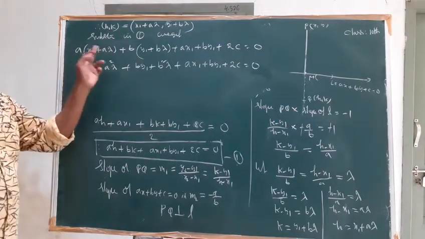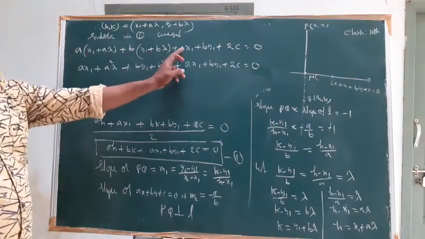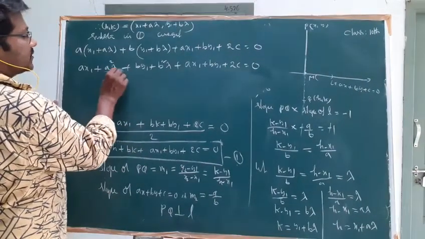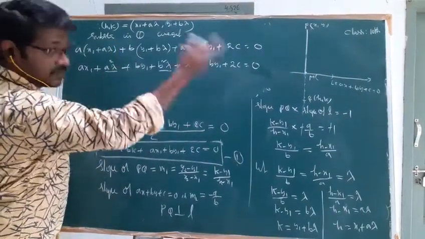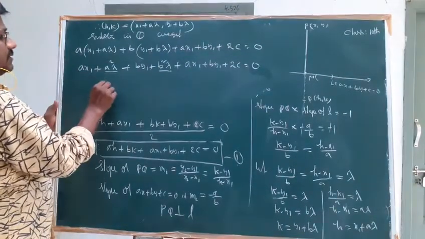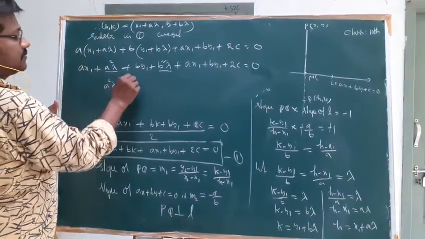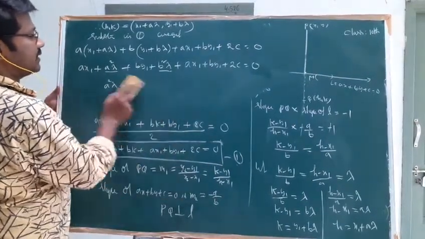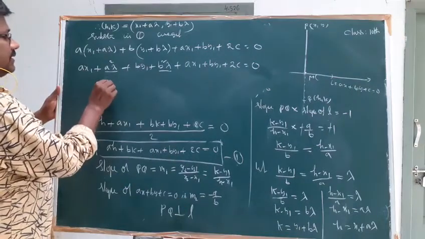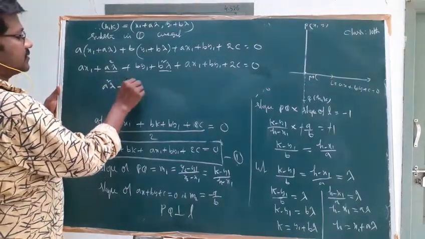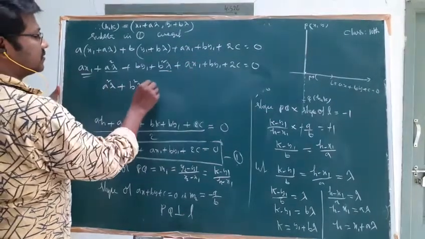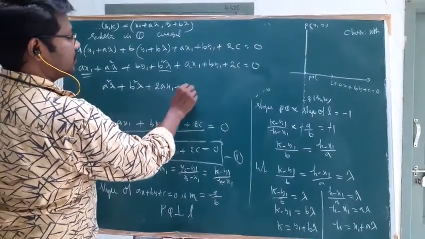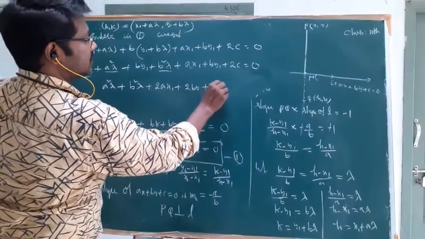Now here a square lambda and b square lambda we keep here, and the remaining terms we take to the right hand side. So a square lambda plus b square lambda is equal to, take that side, ax1 plus ax1 first we simplify, 2ax1 plus 2by1 plus 2c is equal to 0.